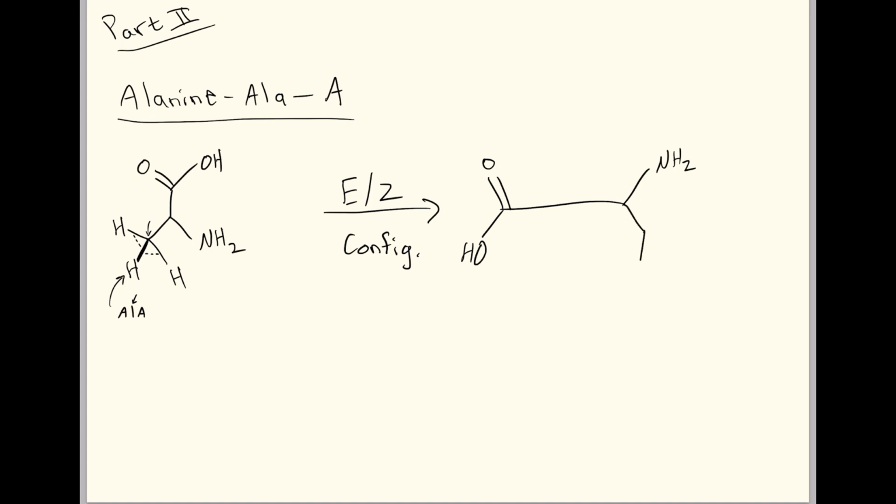You draw your methyl group, and then you emphasize the middle H, right? And you just draw your little dashes, and there you go. That's alanine right there. The 3-letter code is A-L-A, and the 1-letter code is A.